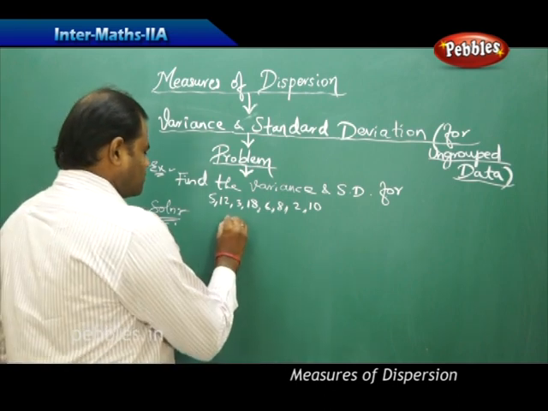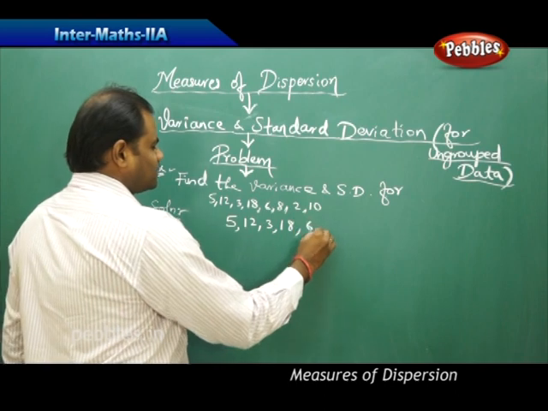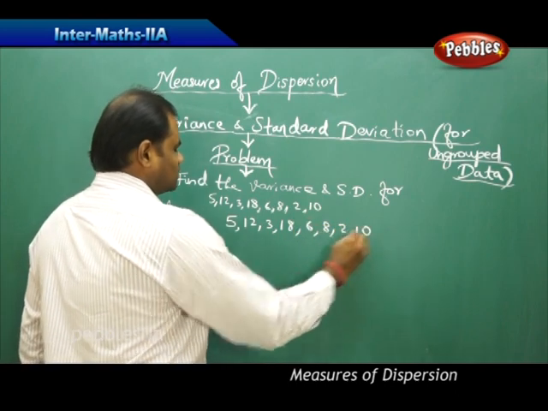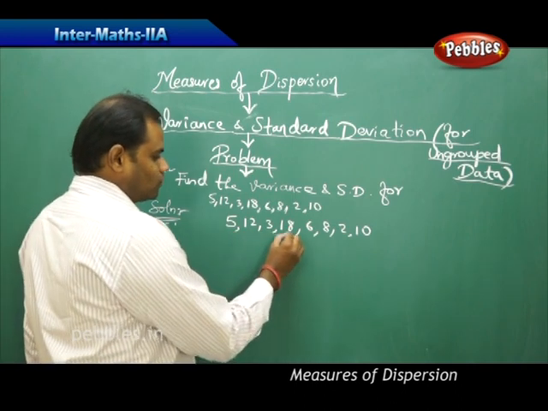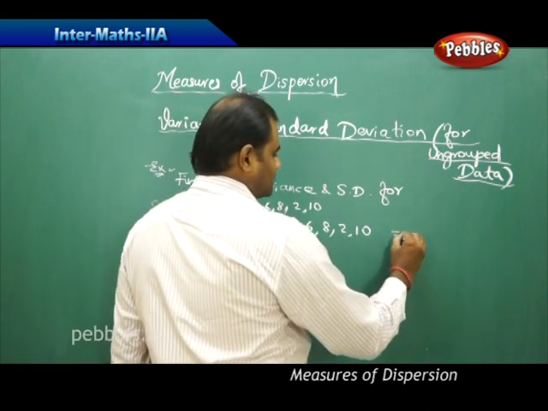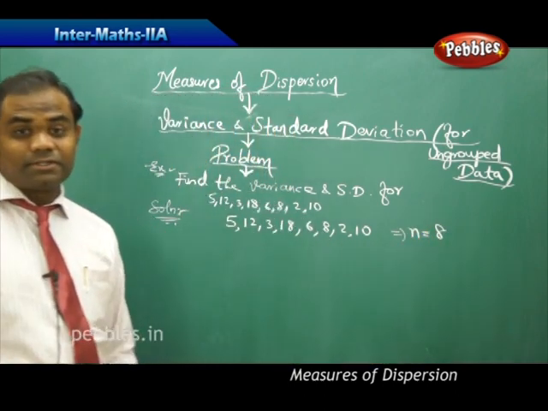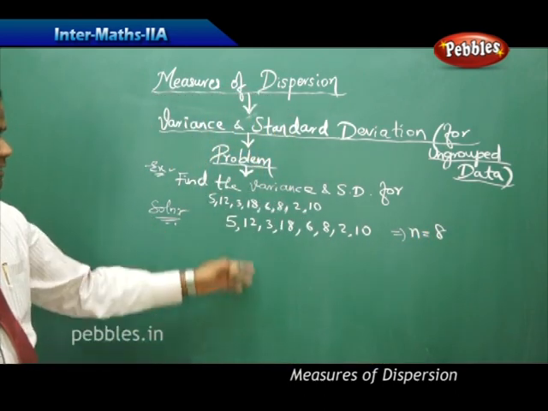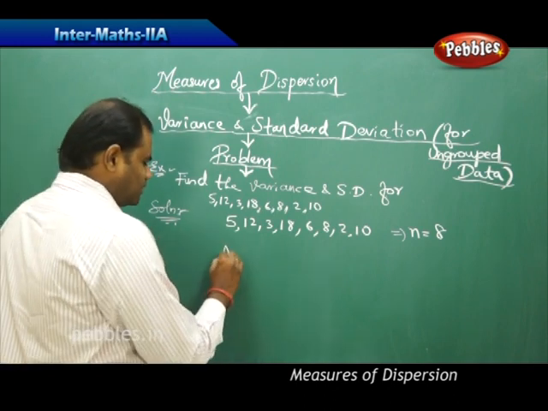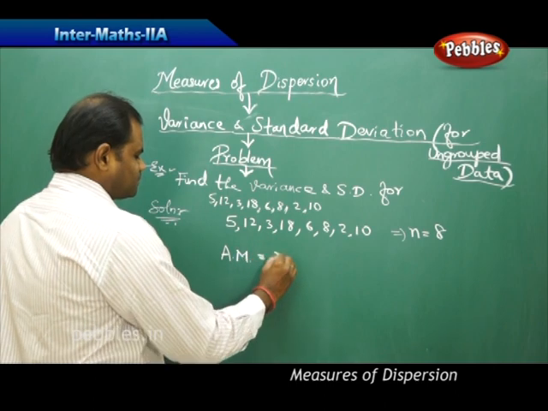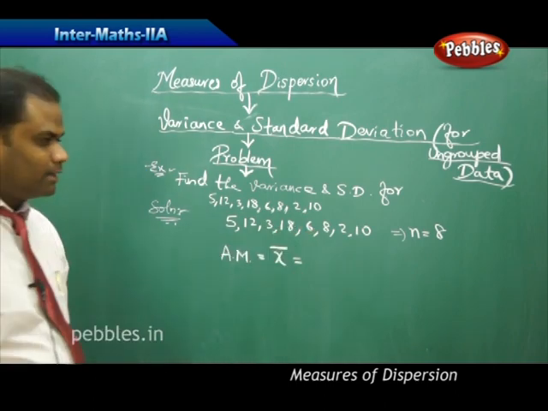So let's take the observations which are 5, 12, 3, 18, 6, 8, 2, 10. Now totally the number of observations is 1, 2, 3, 4, 5, 6, 7, 8. That implies n is 8. So initially I try to find the arithmetic mean x bar, which is the sum of all divided by 8.